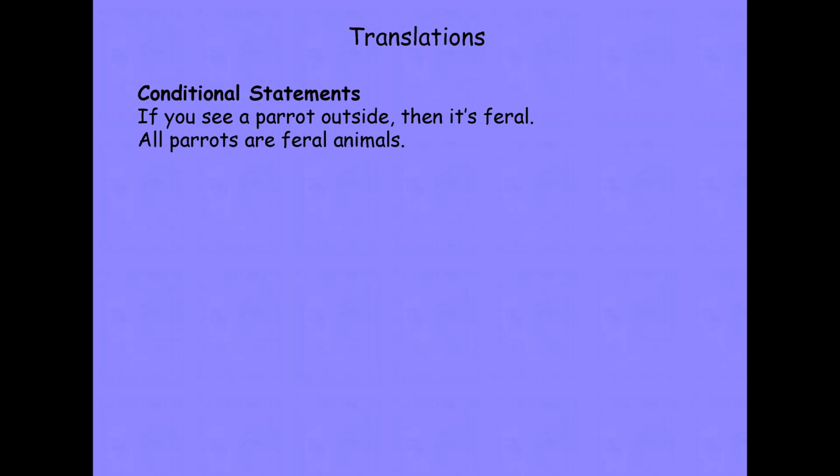We might want to use parrots that are outside as a more accurate description. Then our copula consistent with the quantifier, and then our consequent class. Anything that's feral would be feral animals, a class of things that makes that statement true. So we get a standard form categorical statement that has about the same truth conditions as the conditional statement.